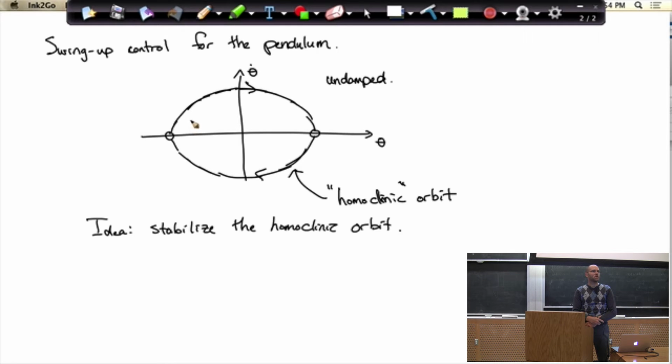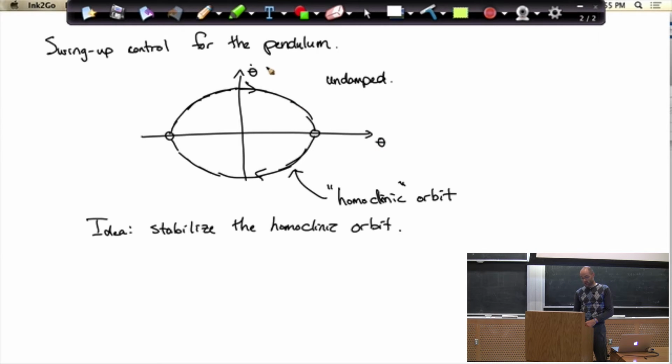So if I had to write an equation down for that orbit, how would I write that down? How is that orbit defined? What's the natural description of that orbit? Well, it's actually not a circle. Maybe if you put it in the right coordinates you could say so, but in my theta versus theta dot, it's not a circle.